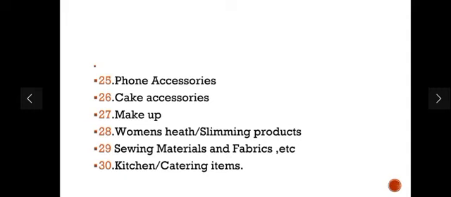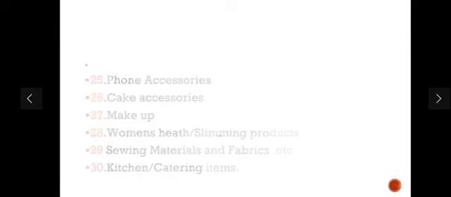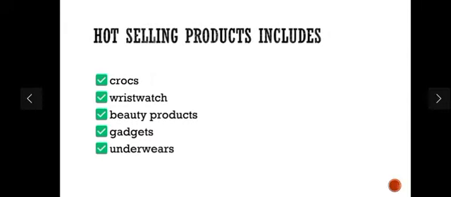Then kitchen items, but if you are going for kitchen items, you need to use sea shipping because of the weight of the products. So all these are hot selling products that you can engage in, but no matter what you are buying, you need to always have the weight in mind and calculate the shipping cost so that you know where you stand.